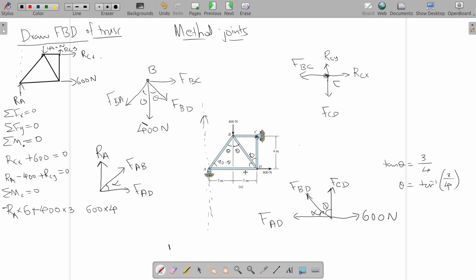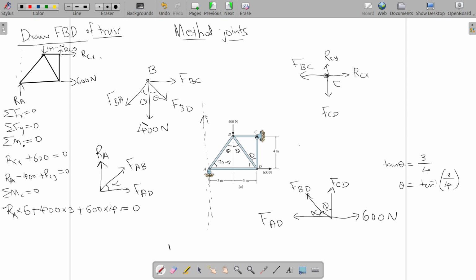So about C, the 600 Newton force is trying to rotate the structure in anti-clockwise direction. So anti-clockwise moment means positive, so equal to 0. So from here you can calculate RA.